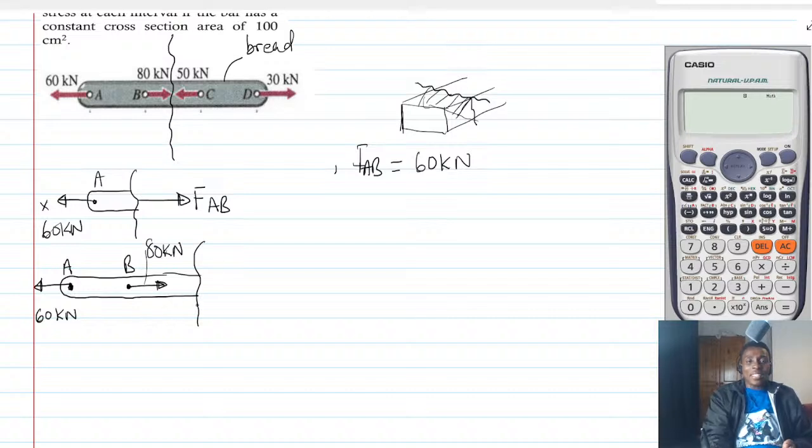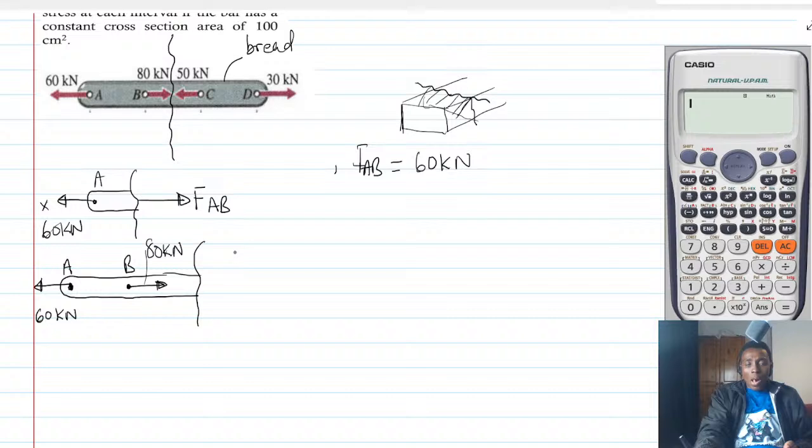Now we have taken a section, which is between what? Between B and C. So we can't draw C because the section is passing through B and C. Is that right? Alright.